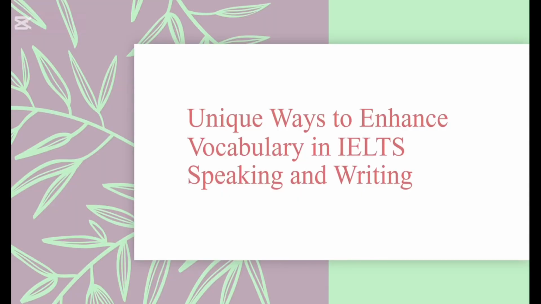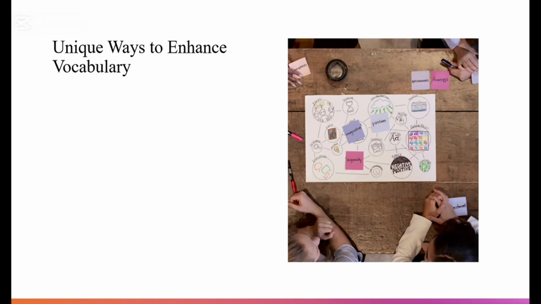So, as I said, I'm going to explain some of the ways that we can use to enhance our vocabulary for IELTS speaking and writing. There are five different ways.